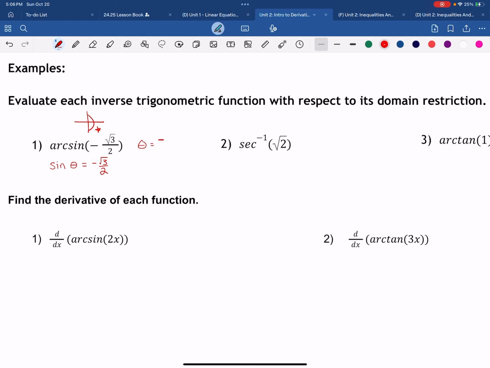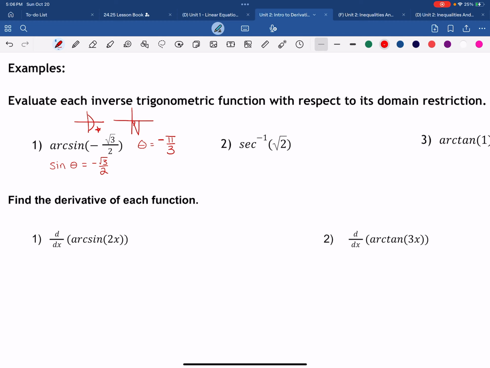And for my students that had Mr. Littlefield last year, you guys are making that triangle to figure out what that value is. The way that I think it through is I say, all right, it's root 3 over 2. Sine is my y value. So it's going to be my taller of the two triangles. My taller of the two triangles has the larger angle. And so it's going to be negative pi over 3.